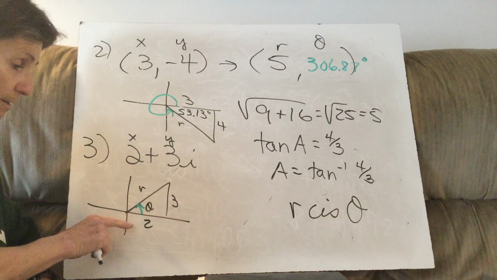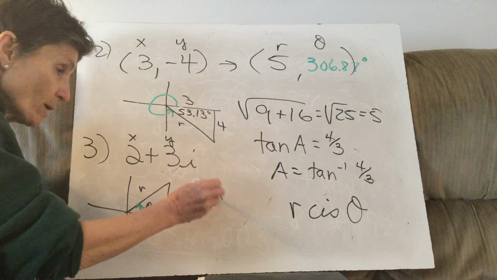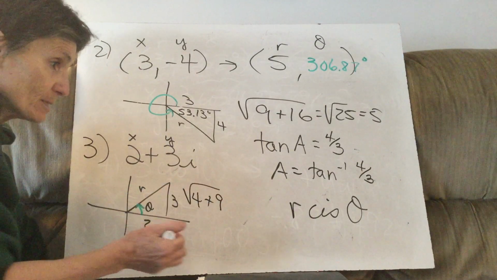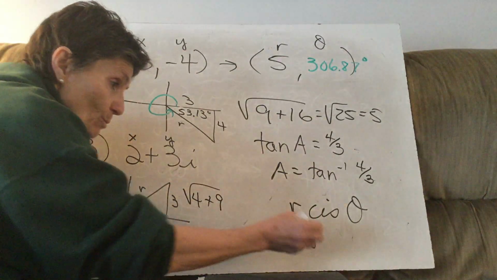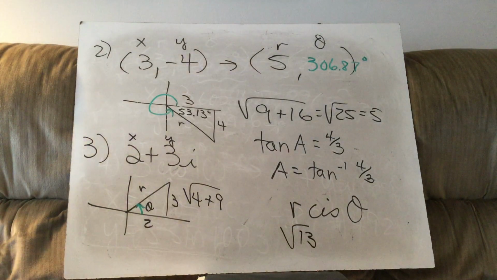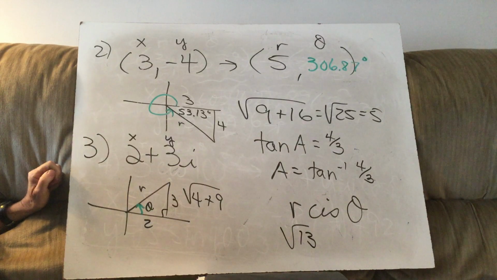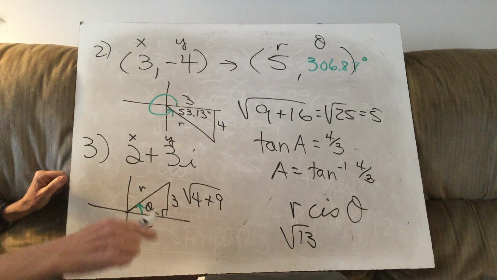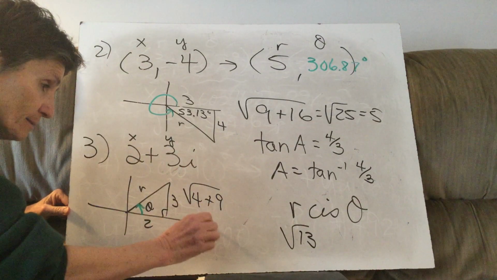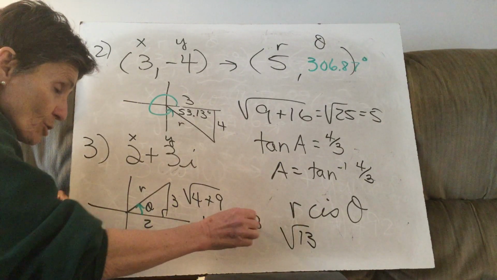So what's r? Square the first one, square the second one, add them together and take the square root. That's root 13. Pythagorean Theorem. r is root 13. Now, tan theta equals 3/2.